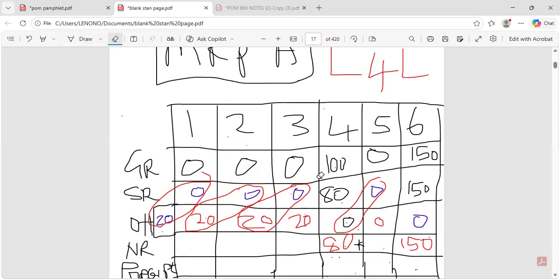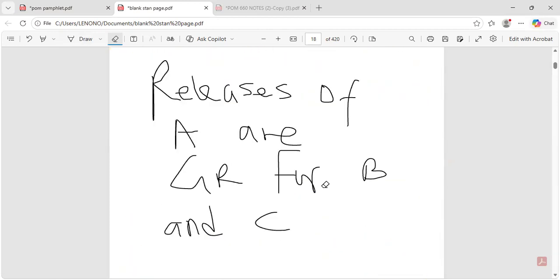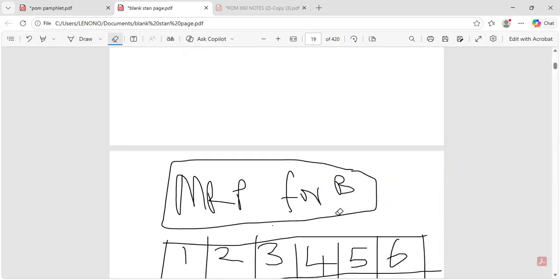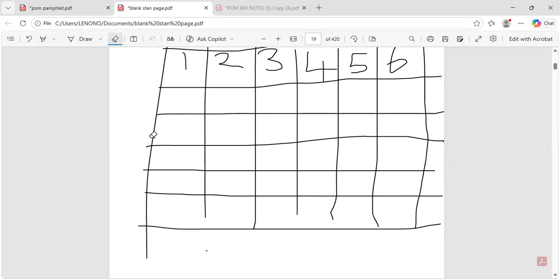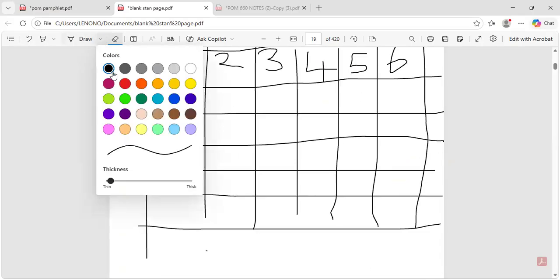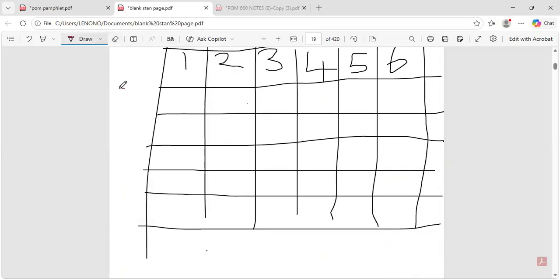Okay, so now I mentioned that the releases of A are the gross requirements for B and C. So if you are doing B, we are going to have the gross requirements, scheduled receipts, on hand, net requirements.